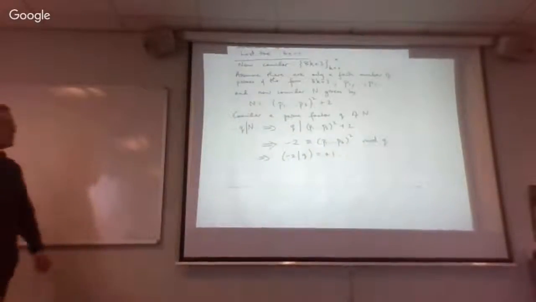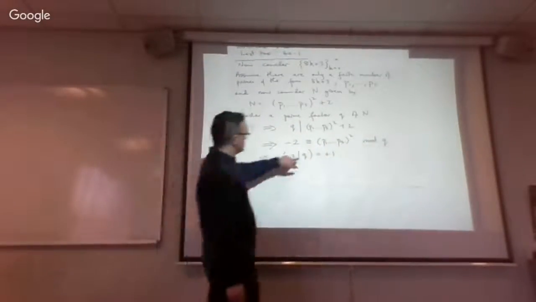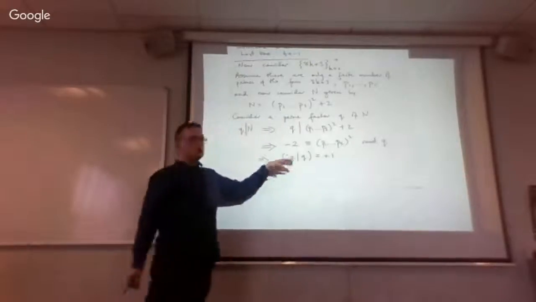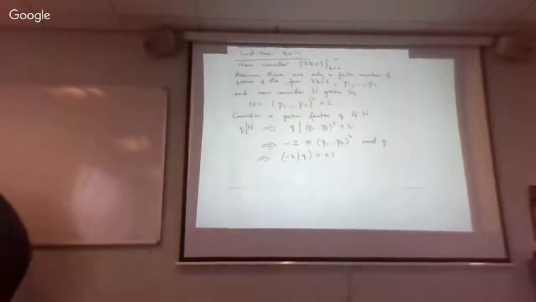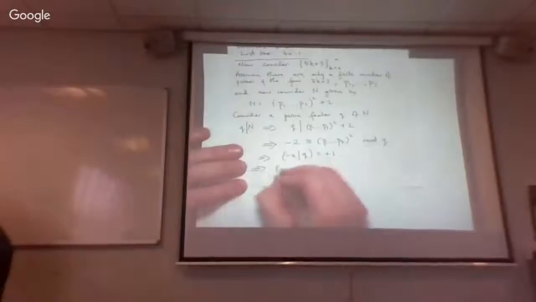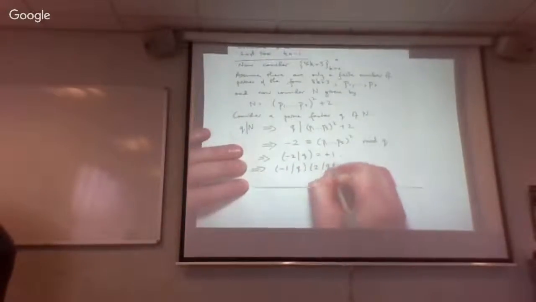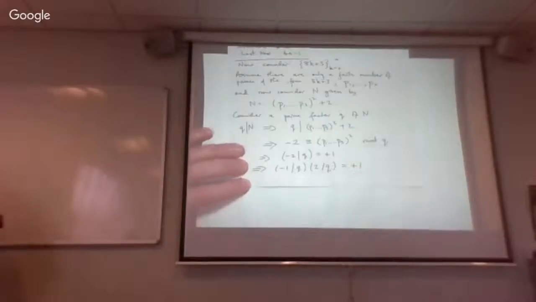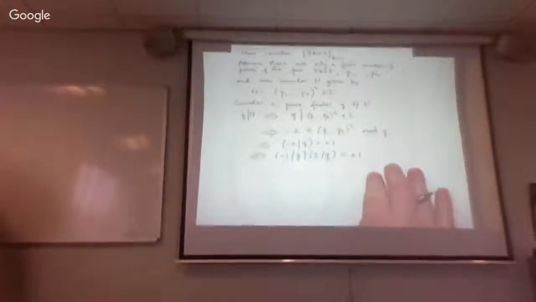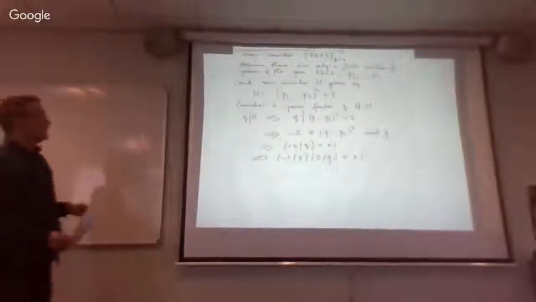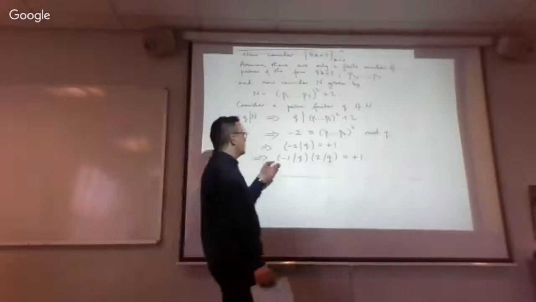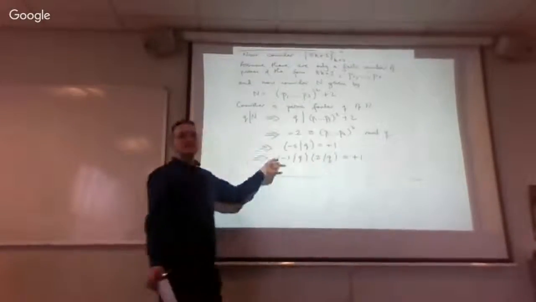Now, what can we do from here? Can we break this Legendre symbol down any? Well, yeah, we can factorize it. It factorizes as the Legendre symbol (minus 1 over q) times the Legendre symbol (2 over q). Now we've studied these Legendre symbols.